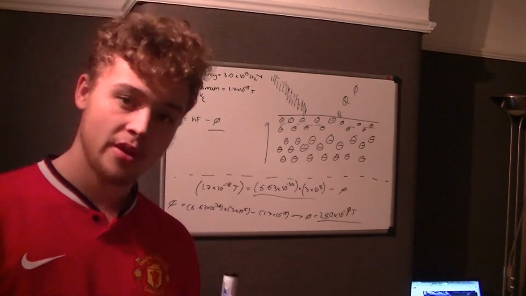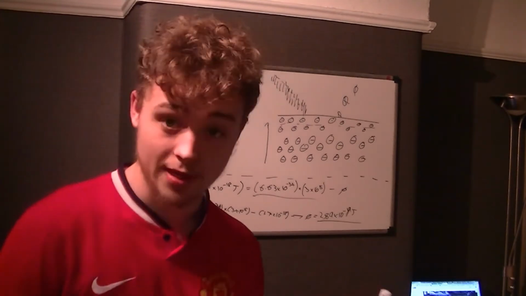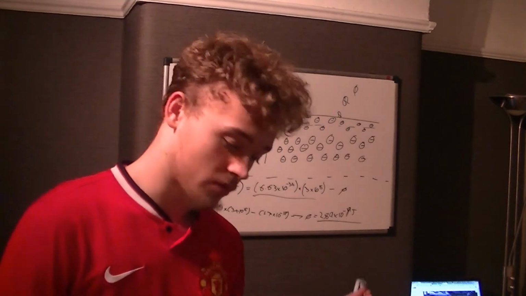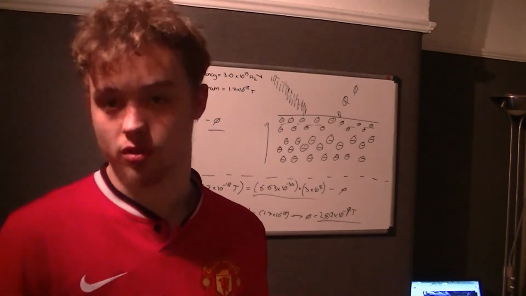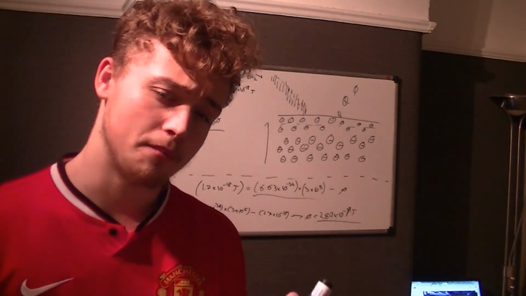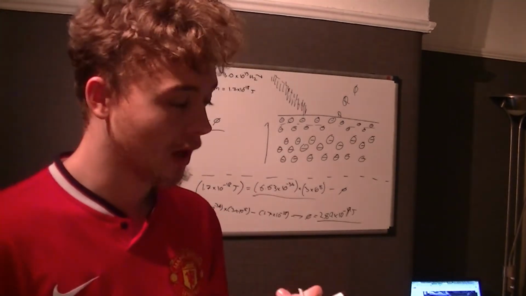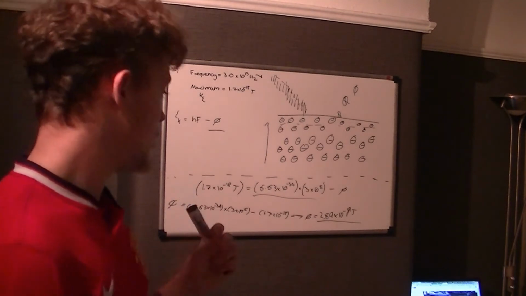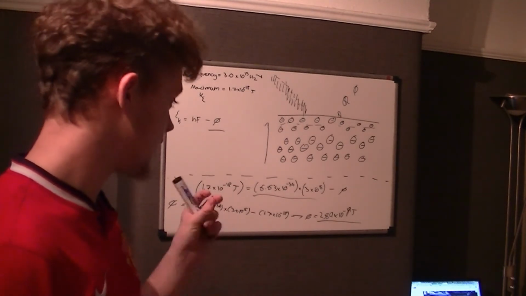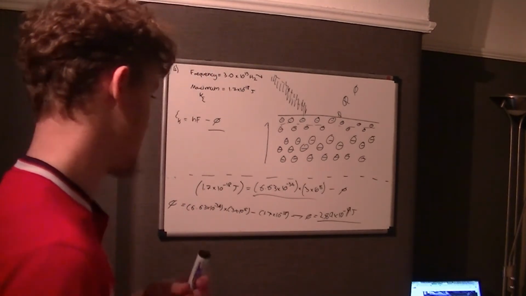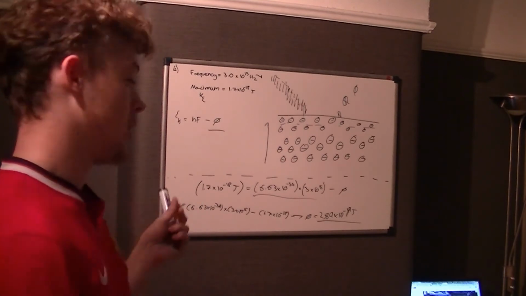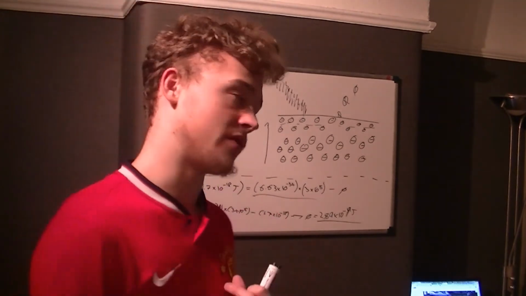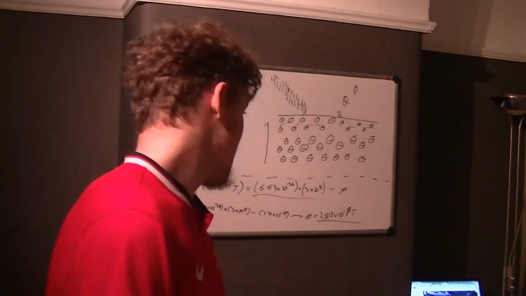So if 1 electron volt or 1 eV is equal to 1 electron charge, then 1 electron volt is equal to 1.6 times 10 to the minus 19. So therefore, electron volts will always be bigger in comparison.